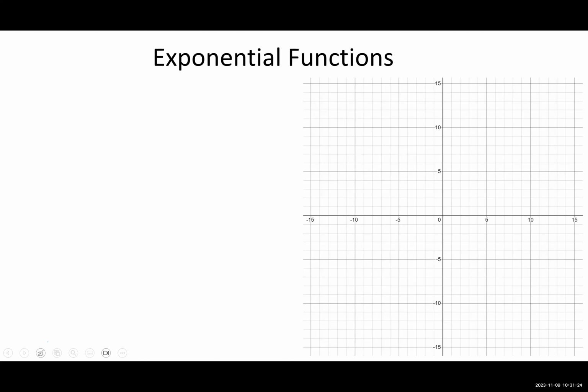So let's look at, again, we're sticking with the exponential functions. f of x is equal to b to the x, where b is positive and b is not 1.